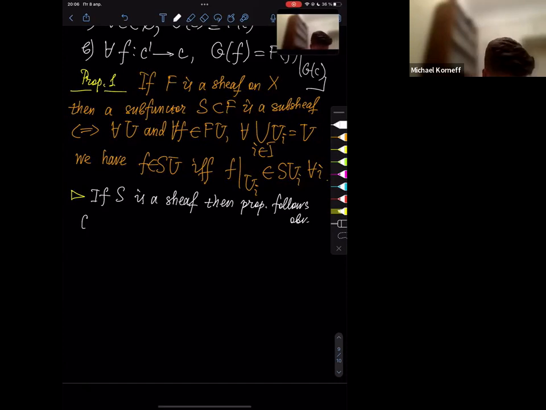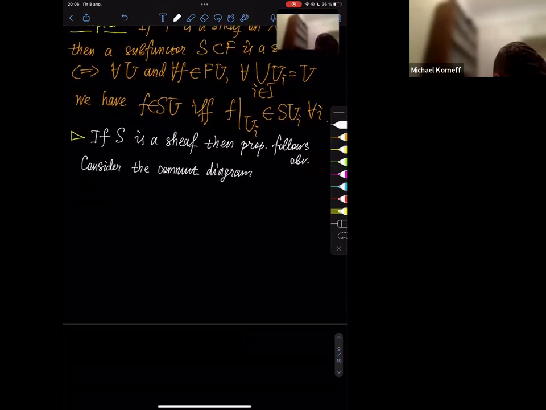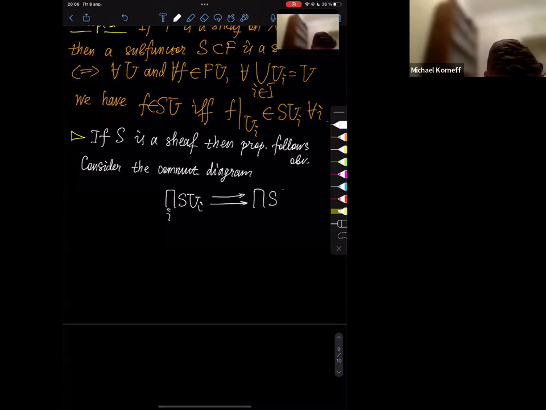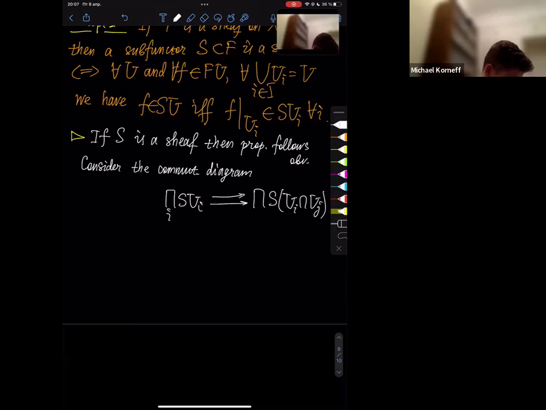Consider the commutative diagram. The product of S(UI) maps to the product of S(UI intersect UJ), and we have an equalizer.